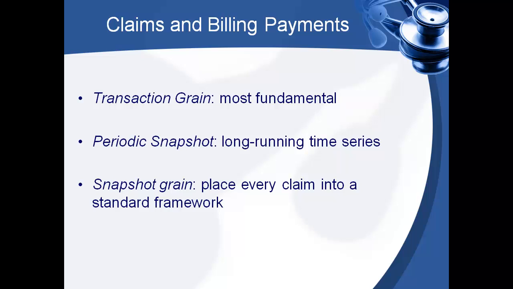However, it doesn't do a good job of capturing short-lived processes, such as orders or medical claims billing. The accumulating snapshot grain is to place every claim into a standard framework so that the analytical objectives described earlier can be satisfied easily. It is chosen to analyze the claims billing and payment workflow. It does not attempt to fully describe unusual situations.